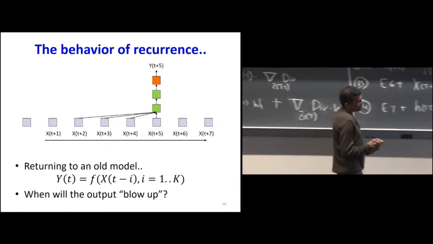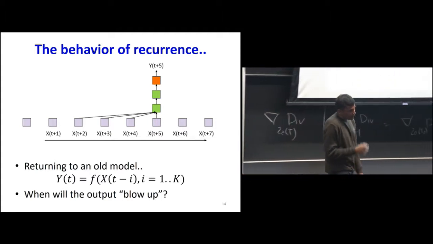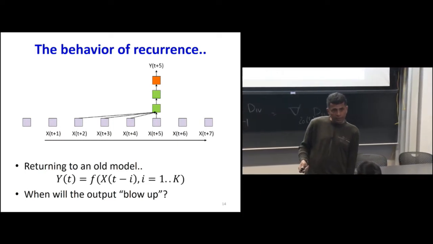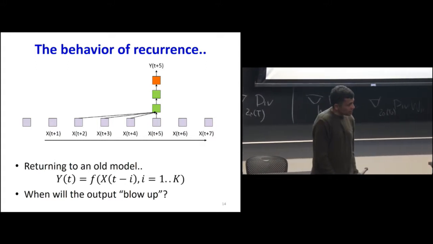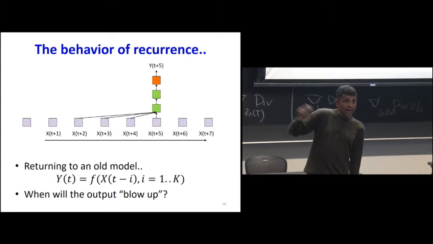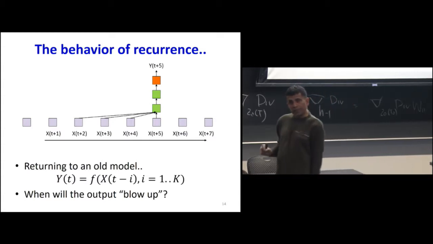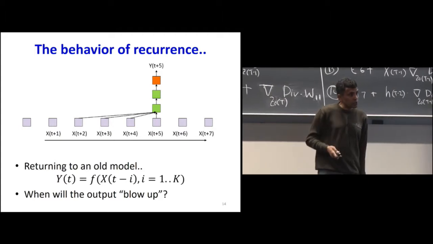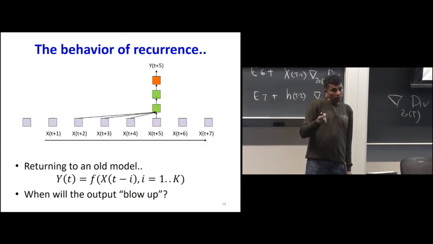So unless the input explodes, the output is not going to explode, right? And that is even if all the activations are, for example, rectified linear units, which means the output has the ability to go to infinity. If the input is bounded, the output is never ever going to go off to infinity, because you're combining a fixed number of inputs.